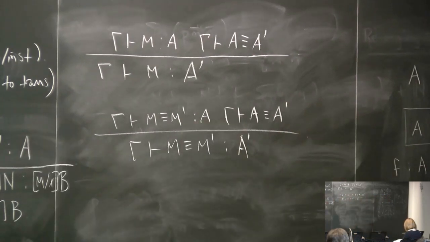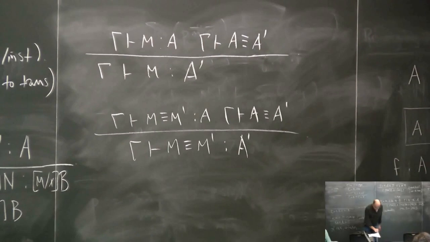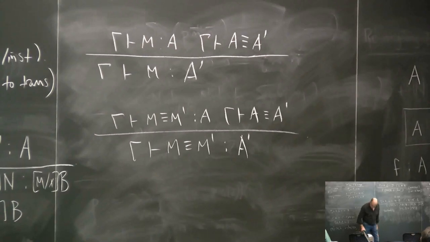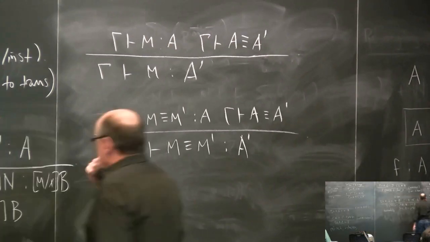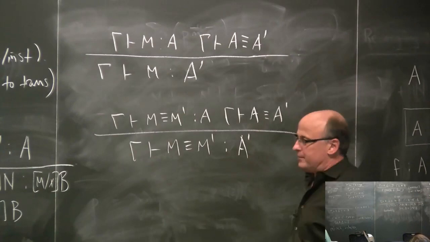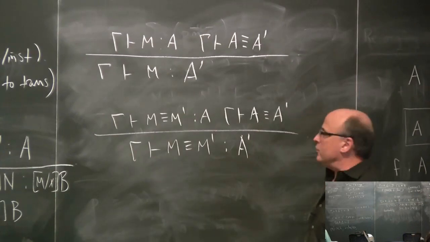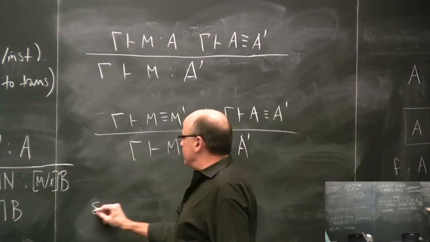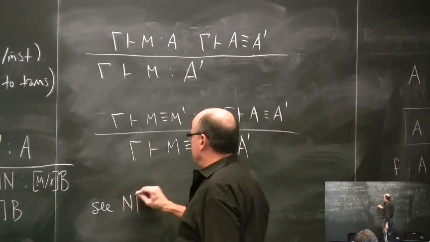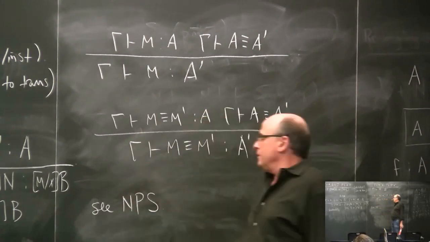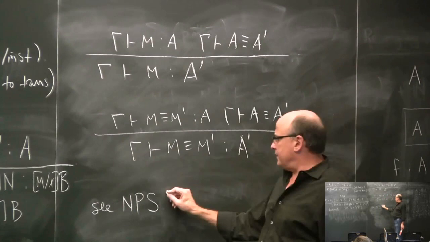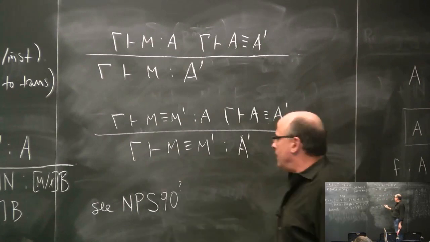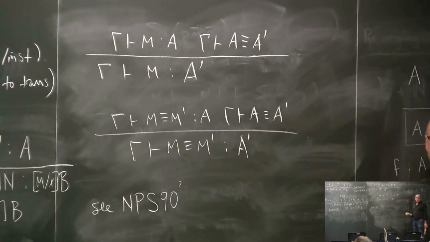I want to make sure I say everything I need to say. Weakening, contraction, yes. Okay, so I think I said all that. There are a few other rules which I'm not going to write down here, and you can look them up. To see the general discussion, look at the Nordström, Petersson, Smith volume, which I've put on the course page.